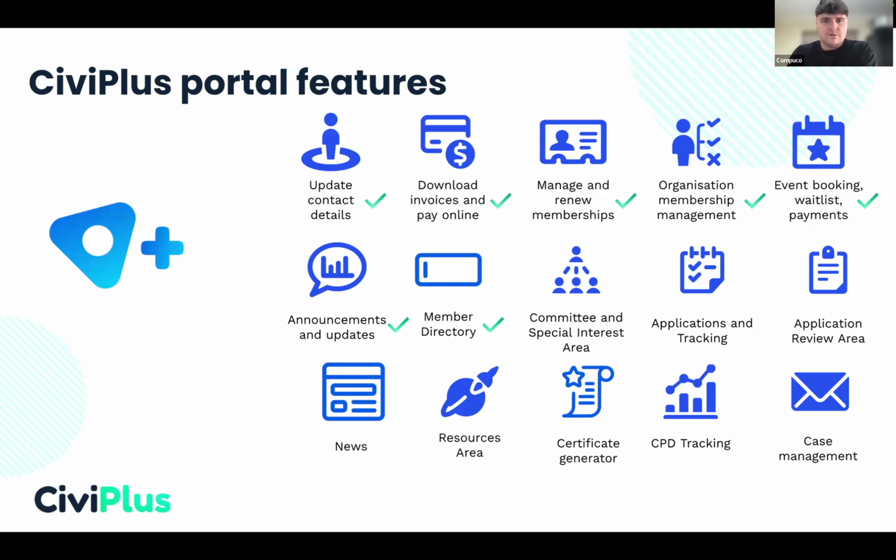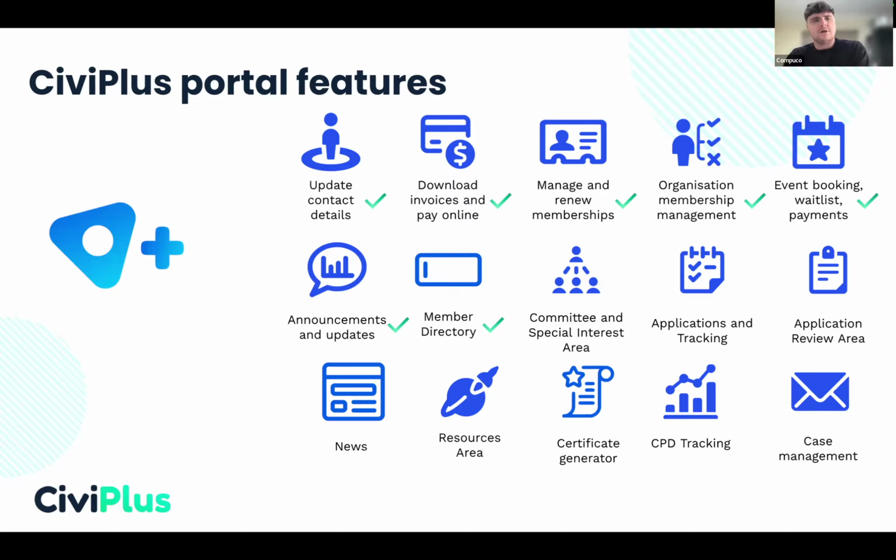What we covered on the last call, I'll quickly recap for anybody watching on YouTube or here today. What we covered previously was update my details: members logging in and being able to edit their information, downloading invoices and making payments for things like membership renewals and donations, managing and renewing their memberships, and organizational membership management.